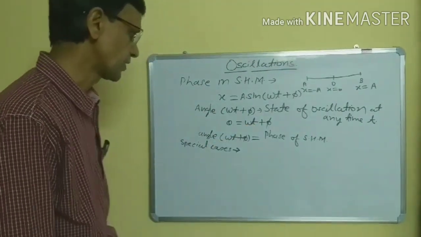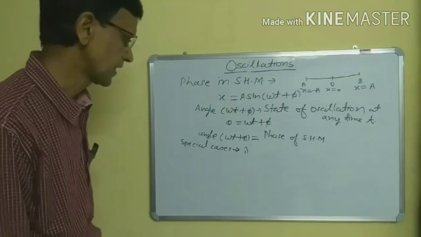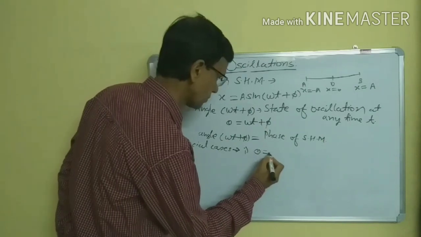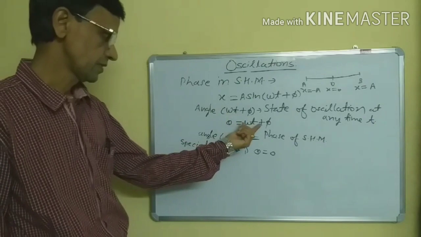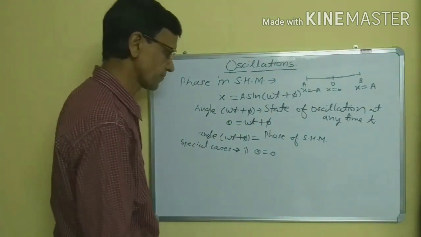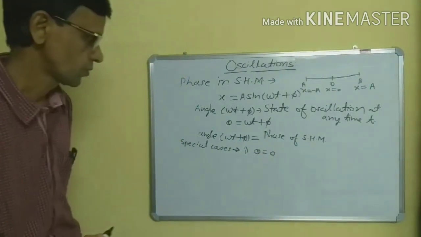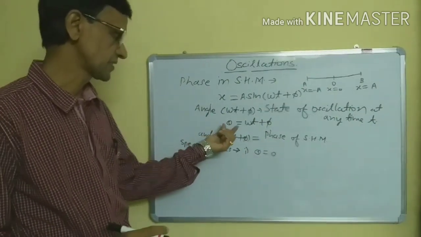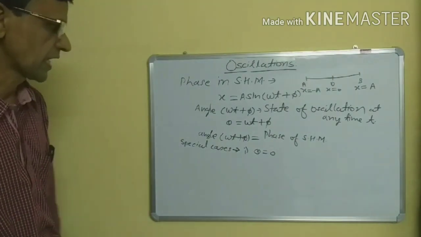The first case is when theta is equal to 0, obtained from the relation theta is equal to omega t plus phi. So at t is equal to 0, theta will be equal to phi. In that case, we call it the initial phase or starting phase.